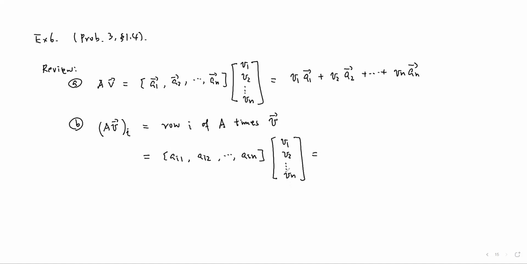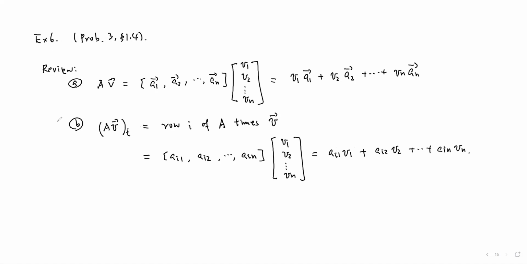The meaning of row i times a vector is the sum of the products of the corresponding entries: Ai1 times V1 plus Ai2 times V2, and so on, Ain times Vn. Those are the two formulas to compute a matrix times a vector.